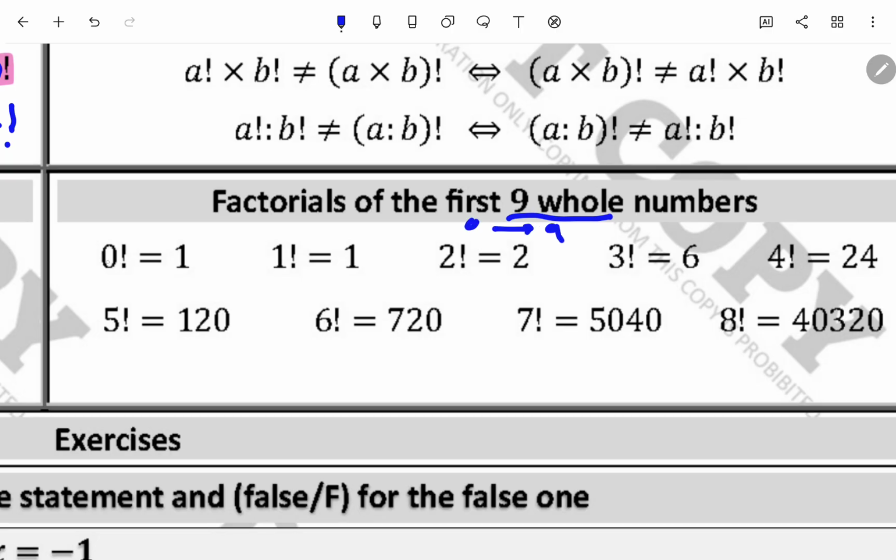So the factorial of 0 is going to be 1. And there is a proof for this. We're going to discuss it later.